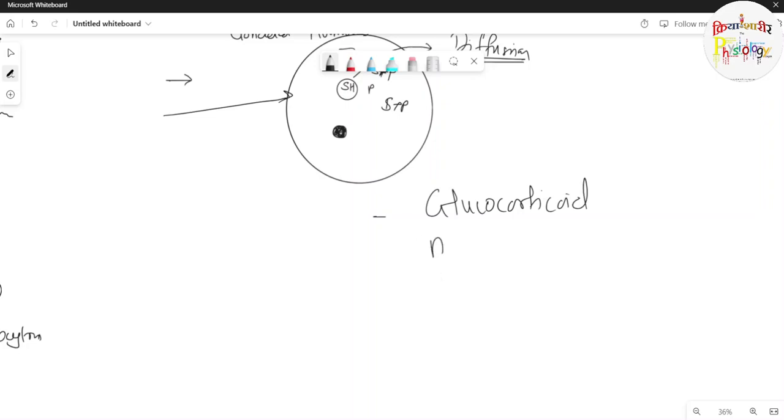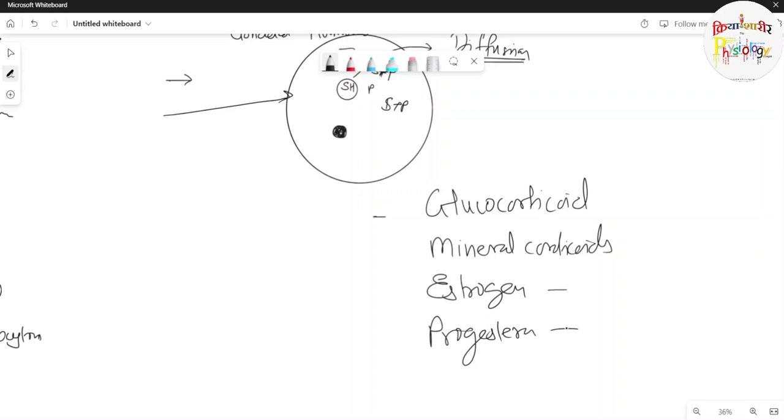After that, mineralocorticoids, again secreted by the adrenal cortex. After that, estrogen, secreted by ovary and placenta. After that, progesterone, again by ovary and placenta.